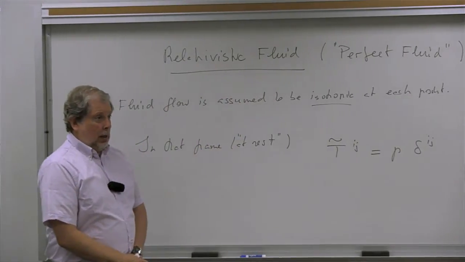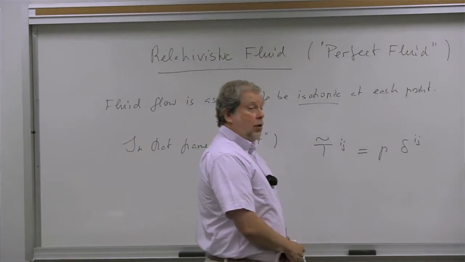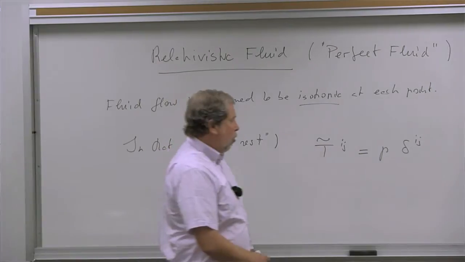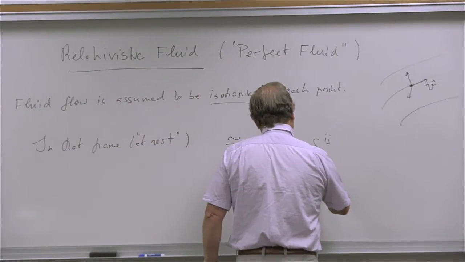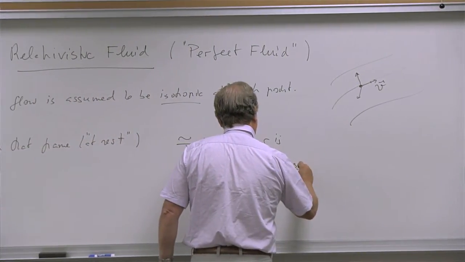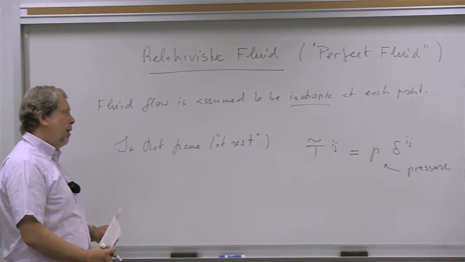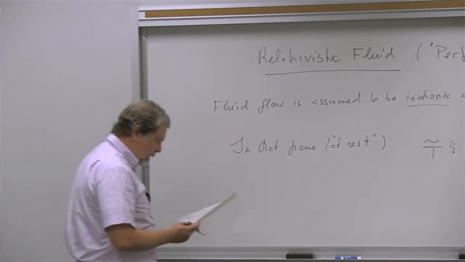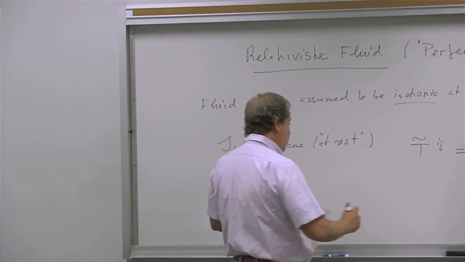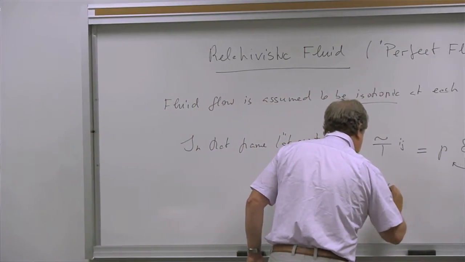So that is all the tensor structure you can have if it is isotropic, and P is the pressure at that point. In general it would depend on the point, but here it is just a number that multiplies the delta ij.